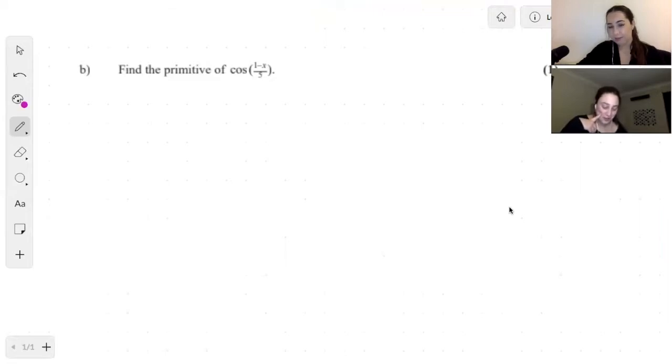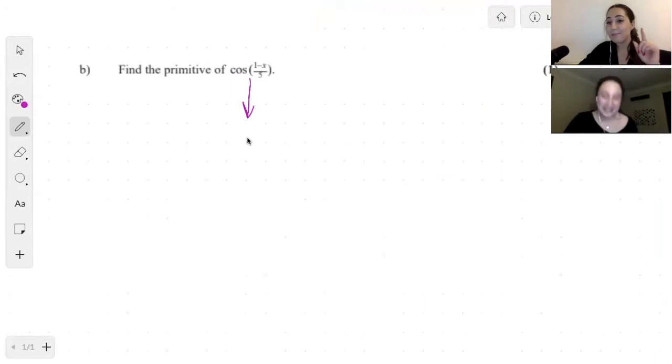What are you going to flip and what are you going to put out the front? Oh, right, the coefficient of x. But what is the coefficient of x? I'll give you a hint.